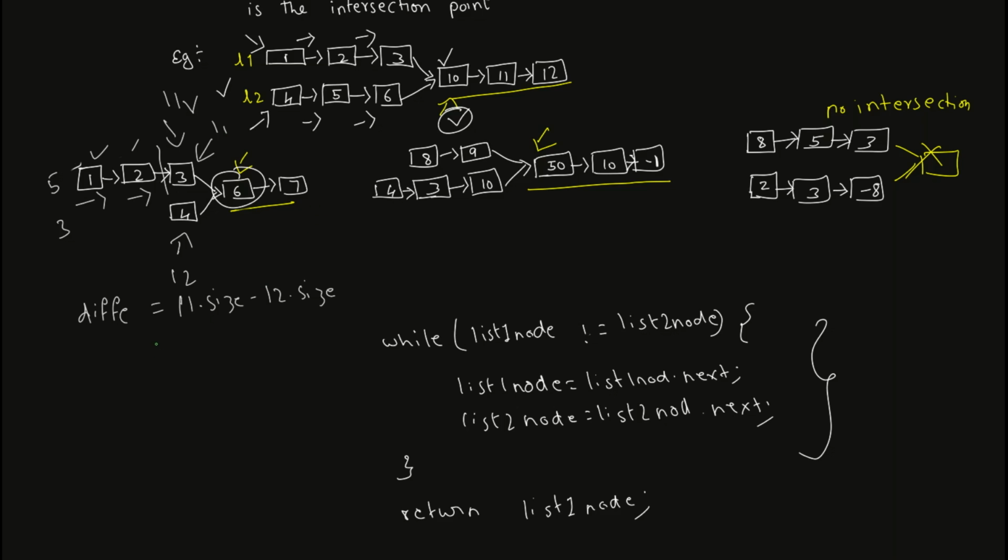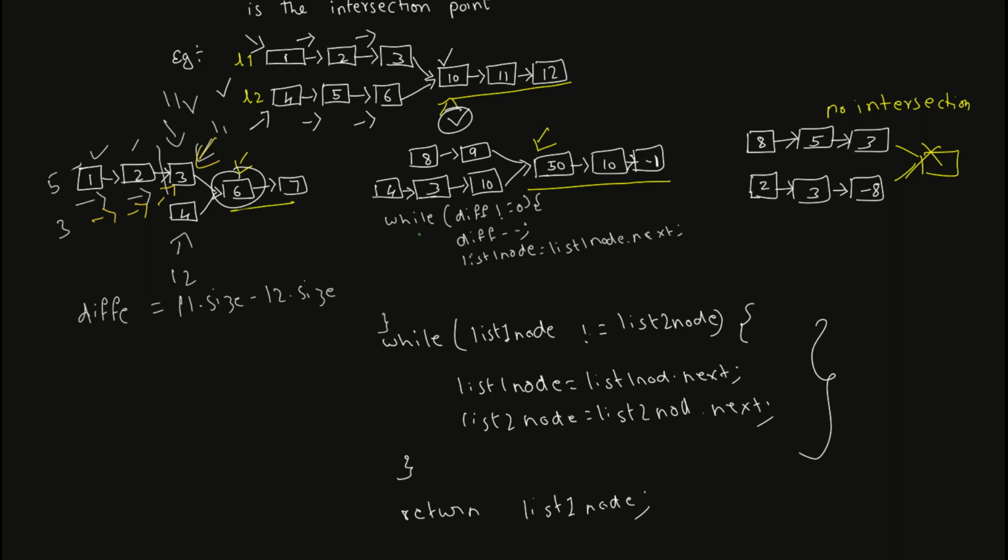We can do this with a while loop, like this. I have quickly written this while loop. What this while loop will do is iterate until we get the list1 node to the 3.